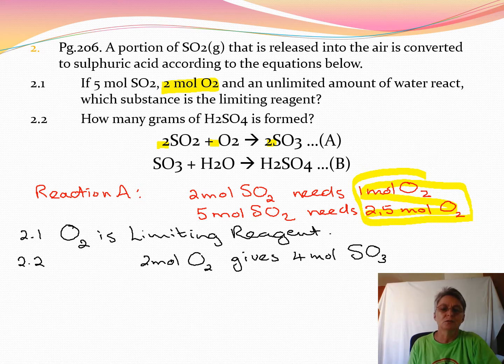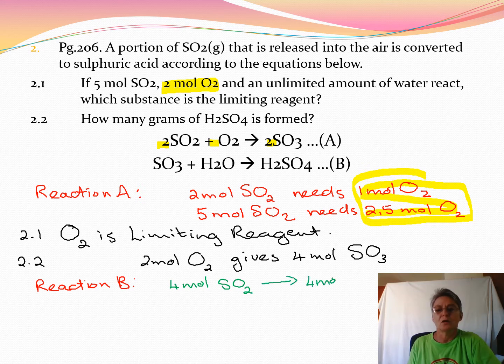Now I need to move over to reaction B. We've got 4 moles of sulfur trioxide and that would give 4 moles of sulfuric acid.